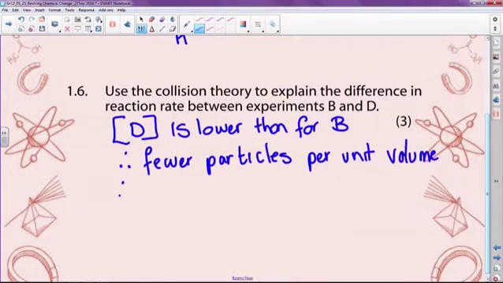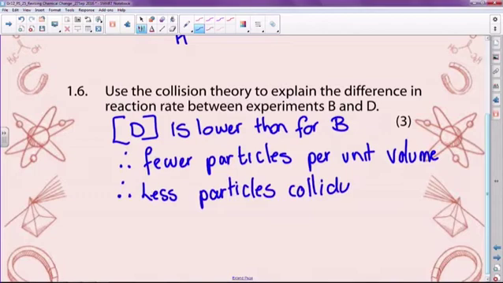Okay, that means there'll be less particles colliding with the correct orientation, okay?